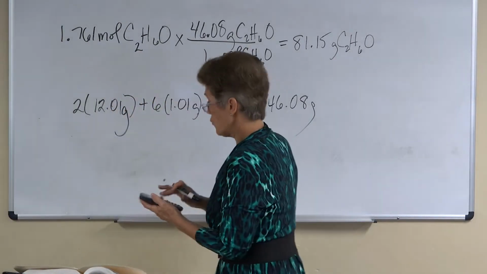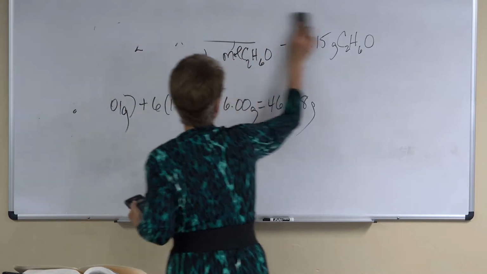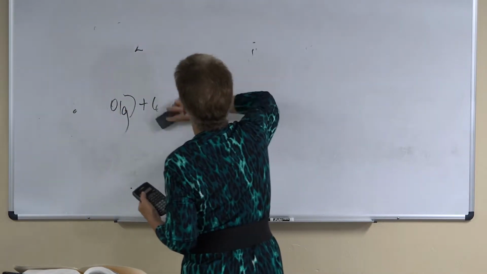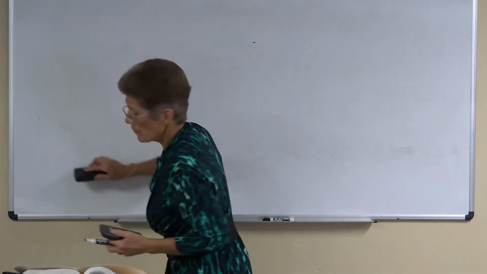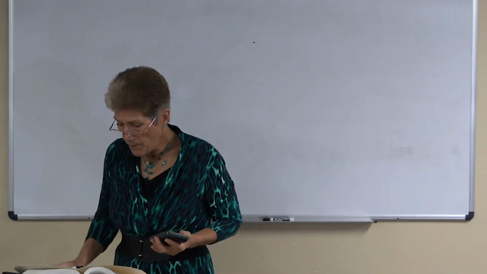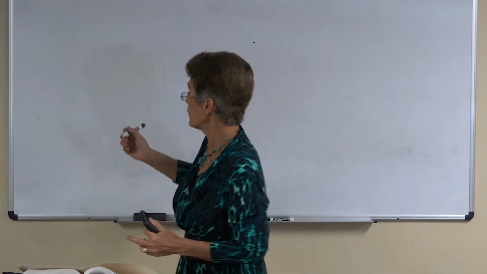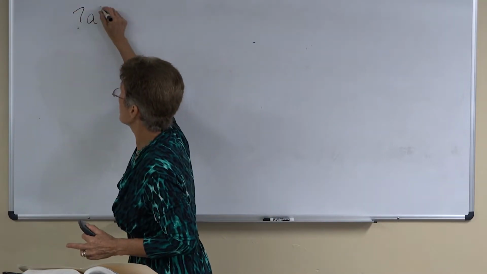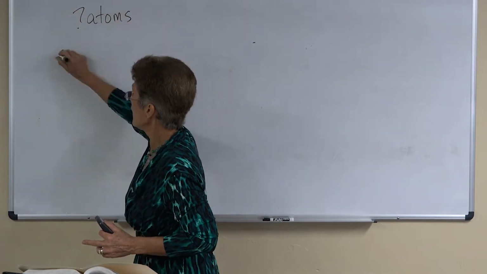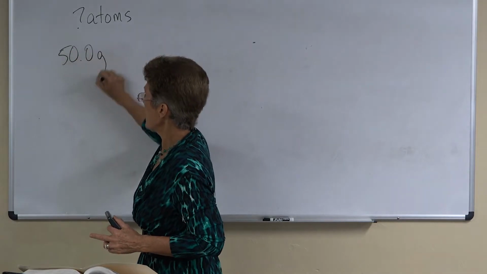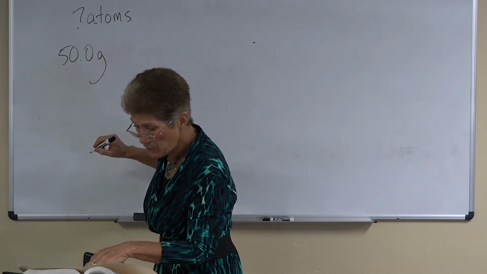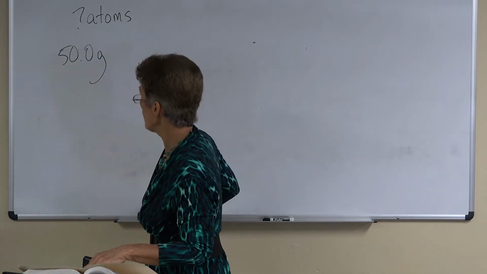Okay, let's try something else. Number 3, it says how many atoms are found in 50 grams of magnesium. So we want to know how many atoms are there in 50 grams, with significant figures. Oh, excuse me, 500 grams.